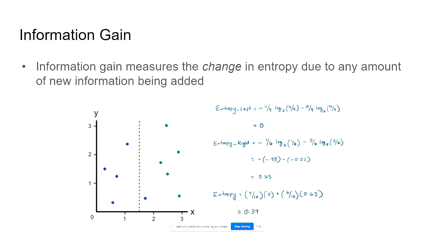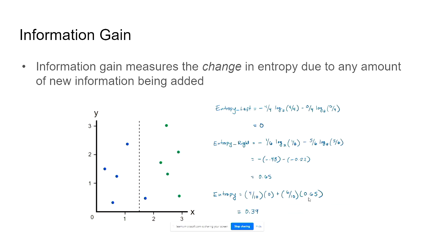Right? And then we can take a look at the overall entropy, which is an aggregate of both of those things. So if we were able to perfectly segment the data into groups that have 0 entropy, then our overall entropy would be 0, because we'd be adding 0 plus 0.